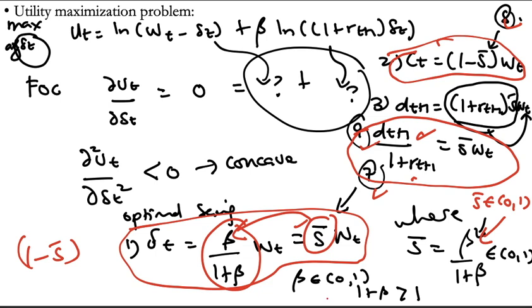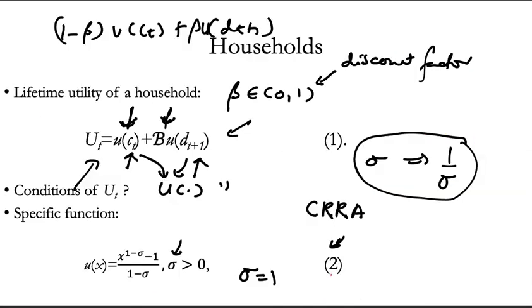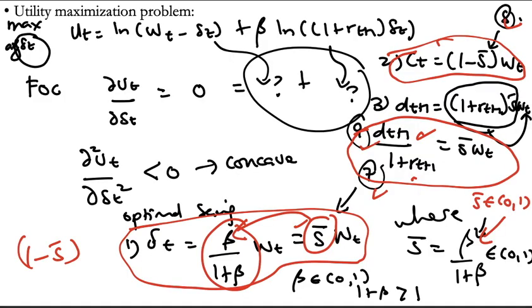So how can we explain this result? In order to understand the intuition for this, it is useful to see the maximization problem with the general utility function in 2. Recall the general utility function in 2, which is given by this. Recall that the logarithmic function is a special case for which sigma is equal to 1, isn't it?